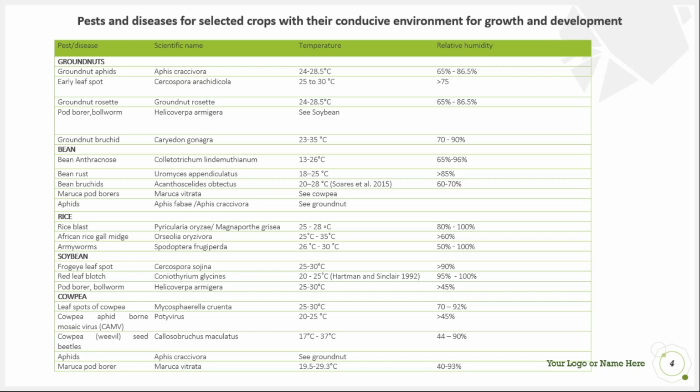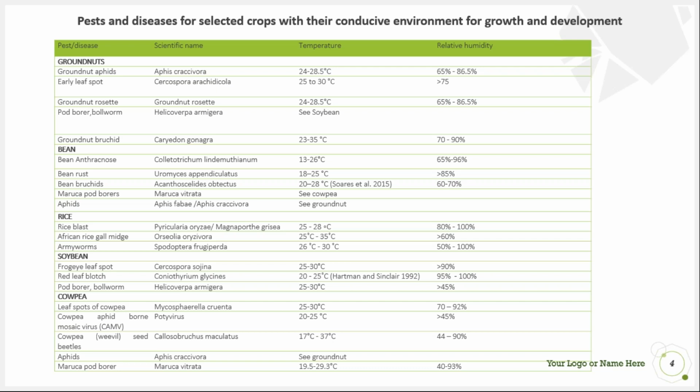At first we considered temperature, relative humidity, and rainfall, but because of the limitation of finding this data, remember we were obtaining this data from literature review, and getting a lot of this information was very challenging, because I don't think a lot of people have delved into writing about the thriving temperatures of these small insects. So we were able to obtain the temperature and relative humidity.